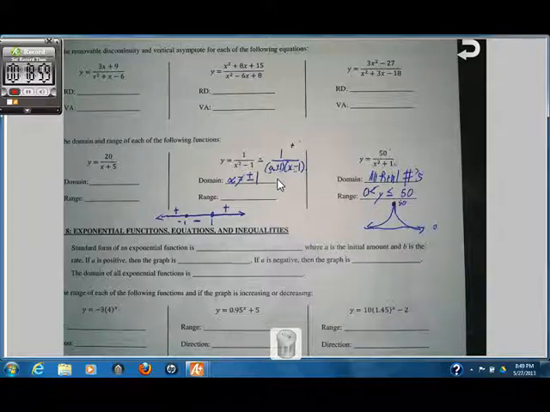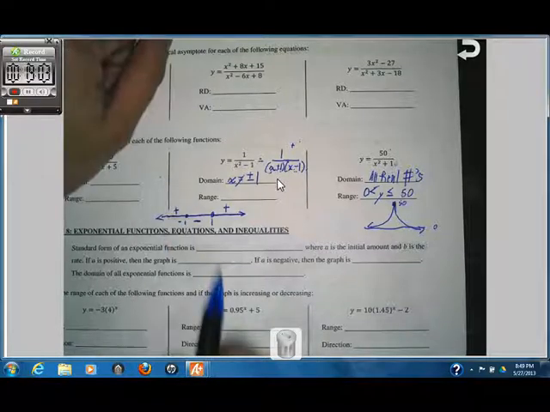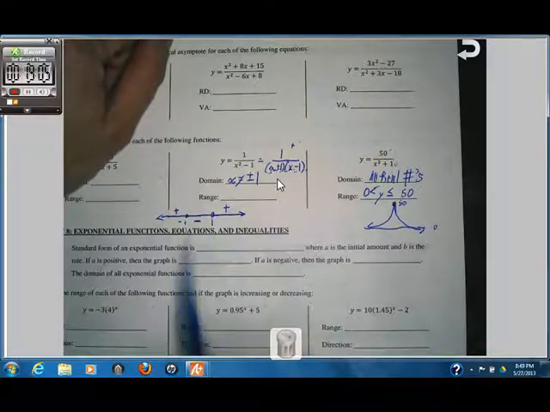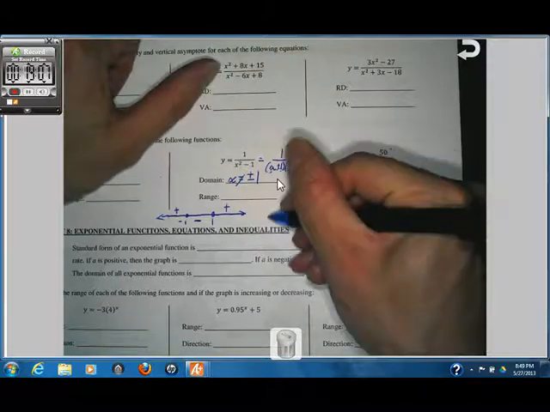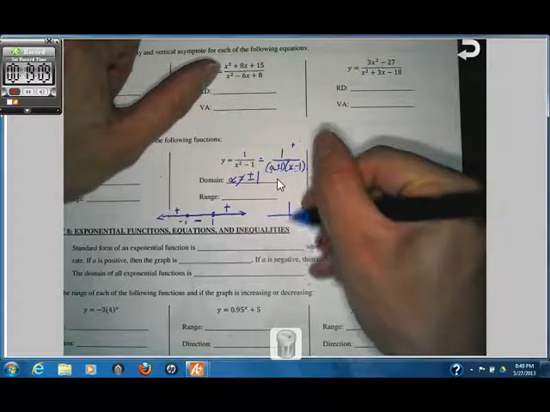Which means it'll go down to negative infinity, it'll go up to positive infinity, and it'll get really, really close to 0. But the one place it will never be is 0.